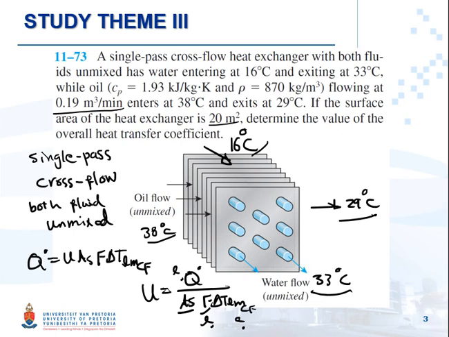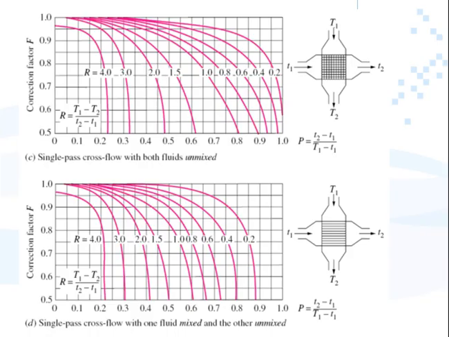If we go back to figure 11.19 of your textbook, and you go to section C, you see that section C says, for example, single pass, cross flow, both fluids unmixed.